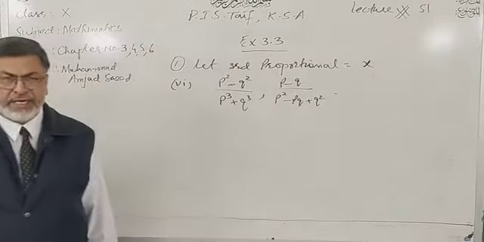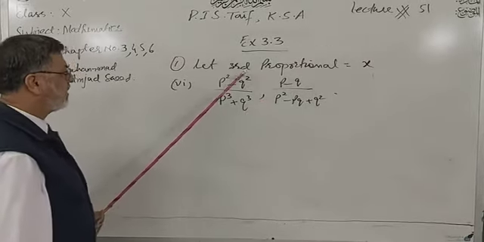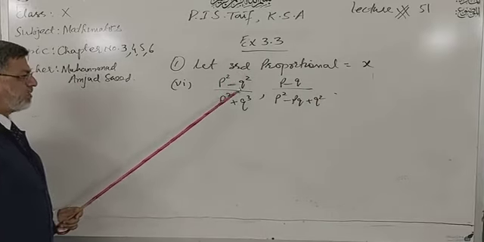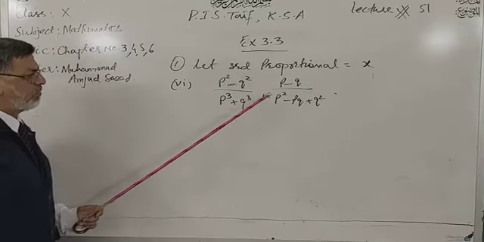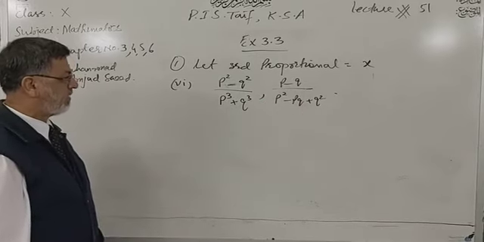Dear students, we have let third proportional be equal to x, where p square minus q square over pq plus qq, and p minus q over p square minus pq plus q square is given.